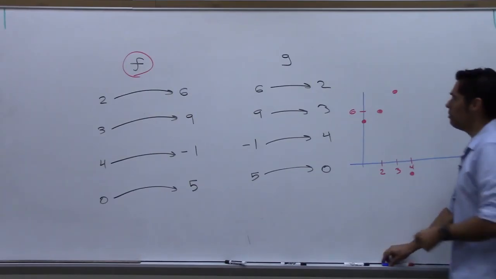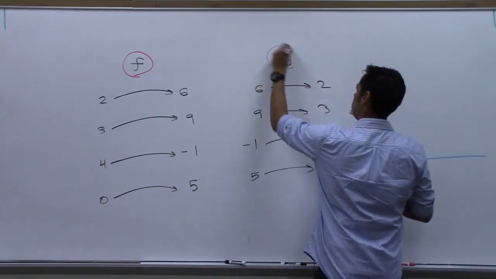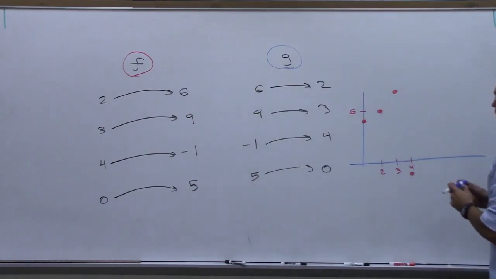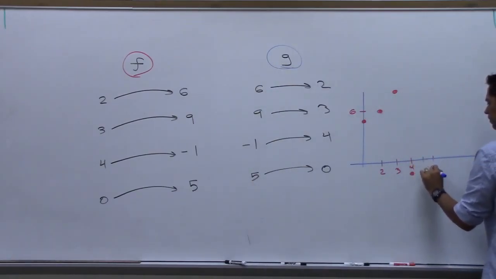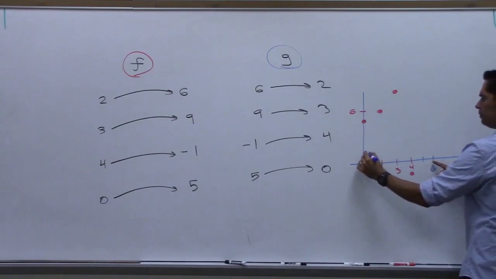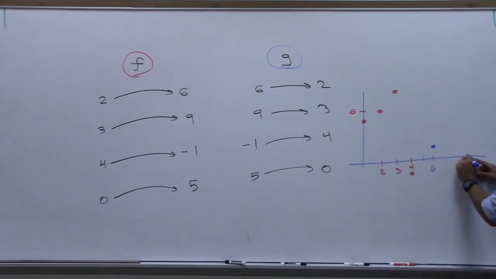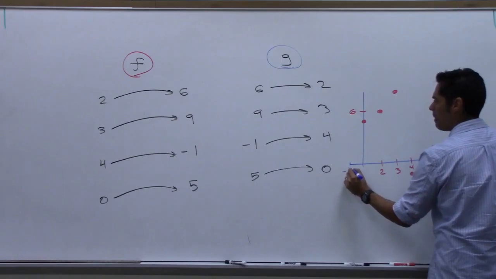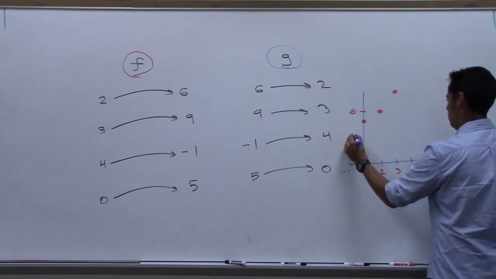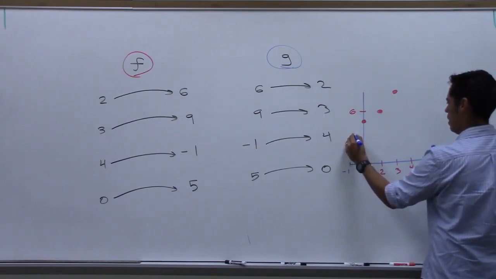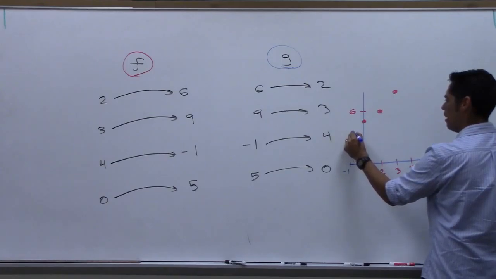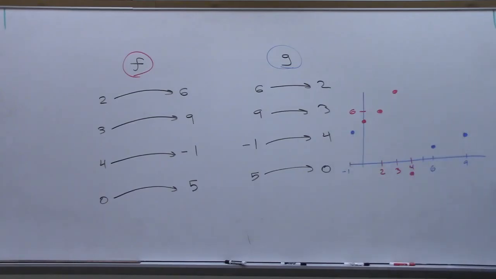Now let me show you the g one in blue. 6, I'm at 2. 9, I'm at 3. -1, I'm at 4, right about there. And 5, I'm at 0.